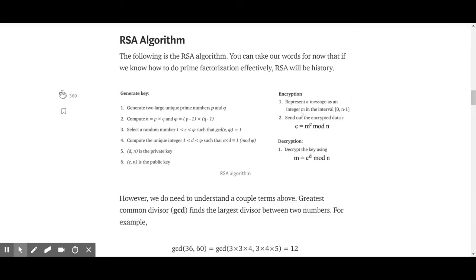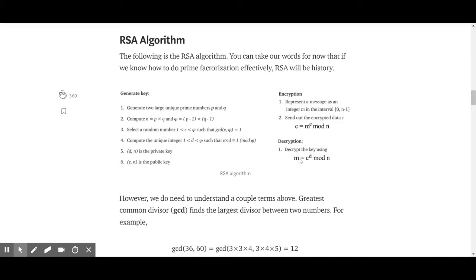And then the data is encrypted this way. You send the message as an integer m in the interval, and you do m to the power of e mod n.